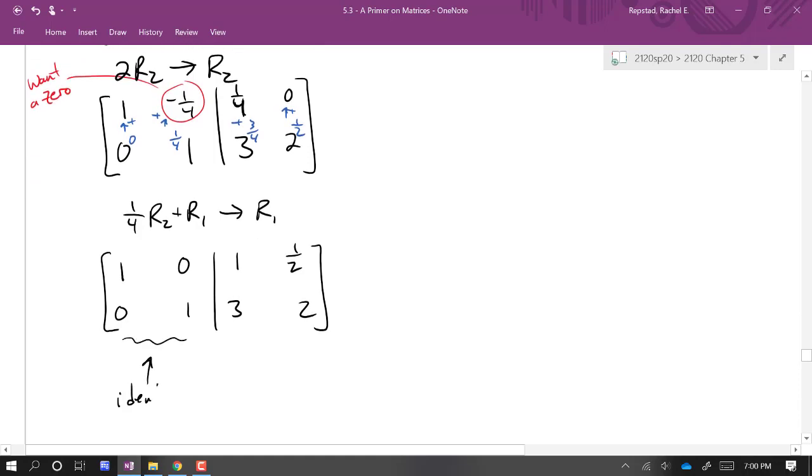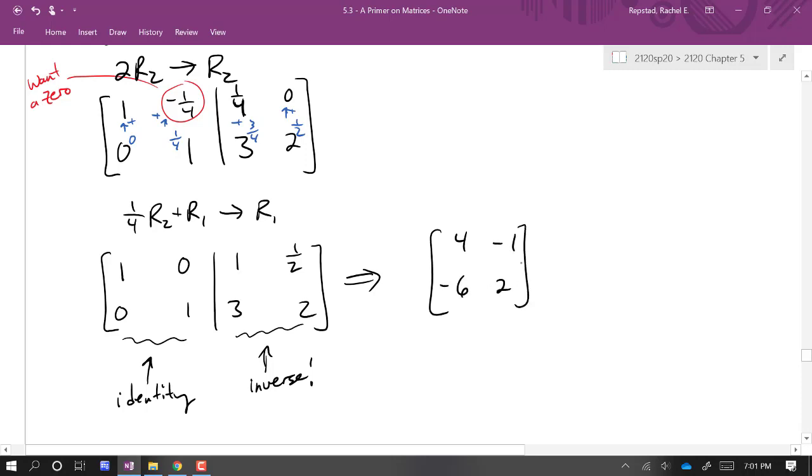That means we're done. And this matrix that we have sitting here on the right, that's the inverse. So this means that this matrix that they gave us, 4, -1, -6, 2, the inverse of that matrix is 1, 1/2, 3, 2.